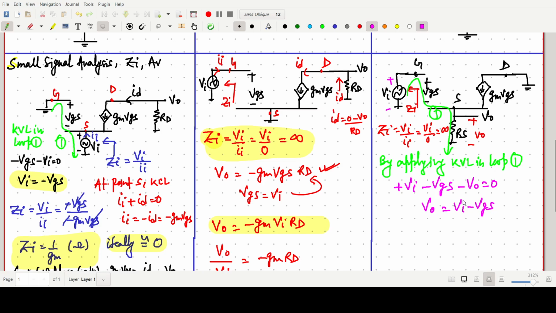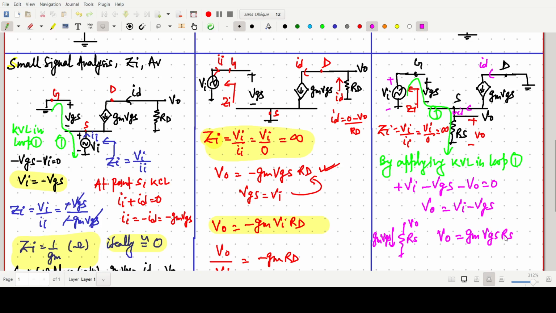Clear? Now, next, what we can observe, this current is ID, a small id. One resistance is there, that is our RS. This voltage is V naught, and we know the current flowing through this one is gm VGS.